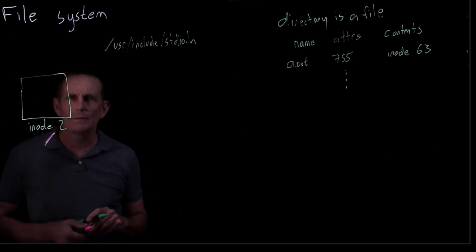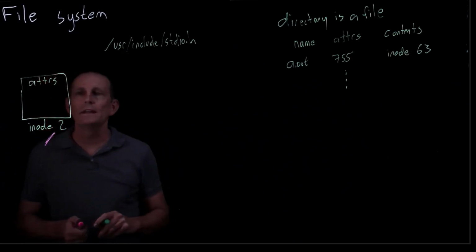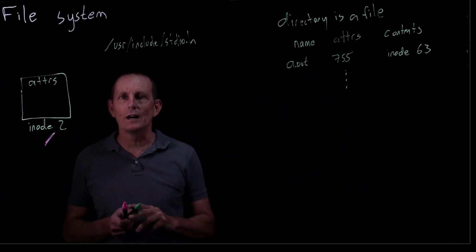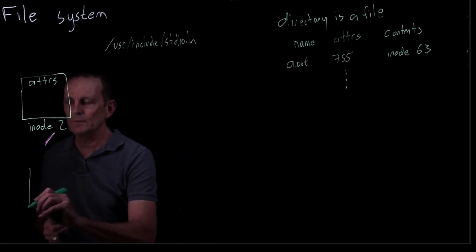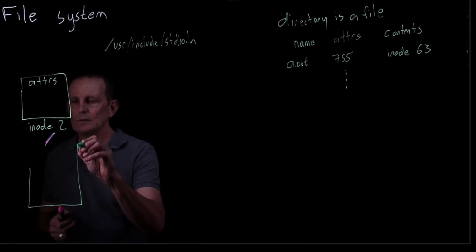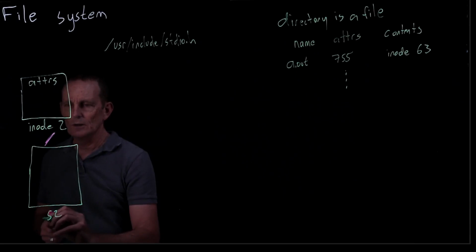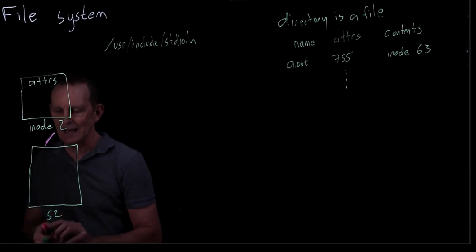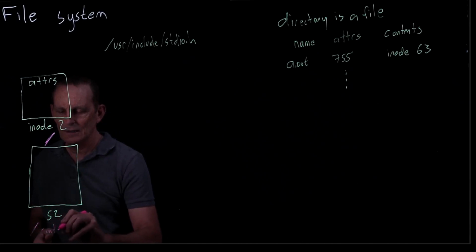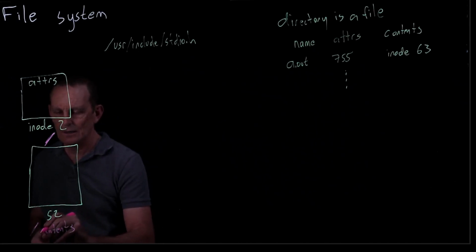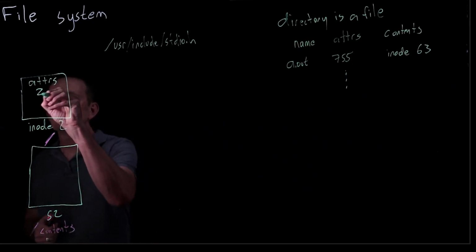Well, we know the inode has some attributes, and then it's got lists of block numbers for the contents. So let's say that the block number is 52. So this is the slash contents.